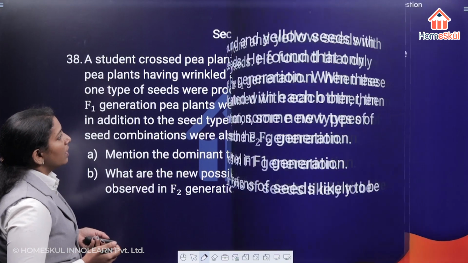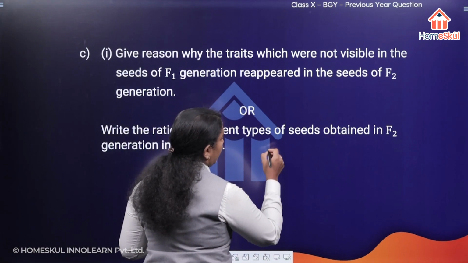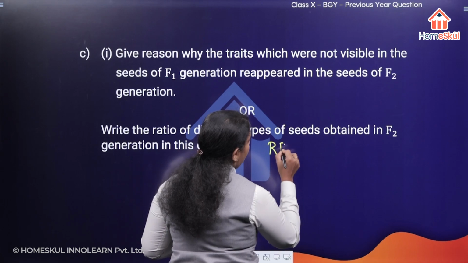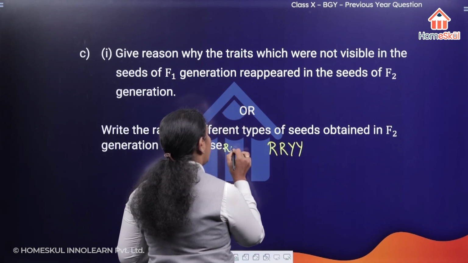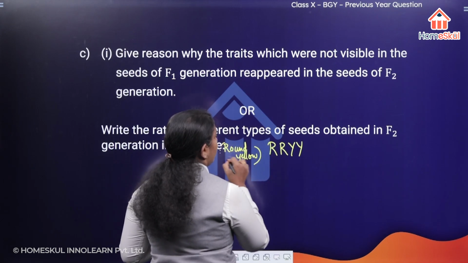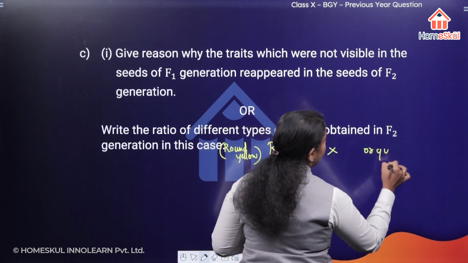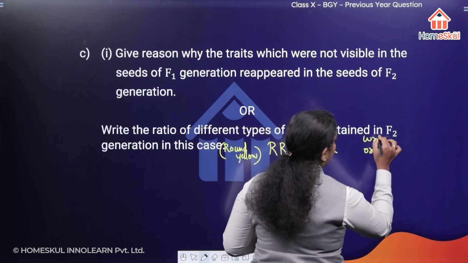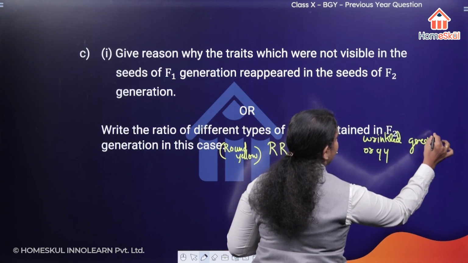So we have to do the cross here. We'll conduct a cross like capital R capital R, capital Y capital Y, that is round yellow, one of the parents, crossed with a wrinkled green parent.